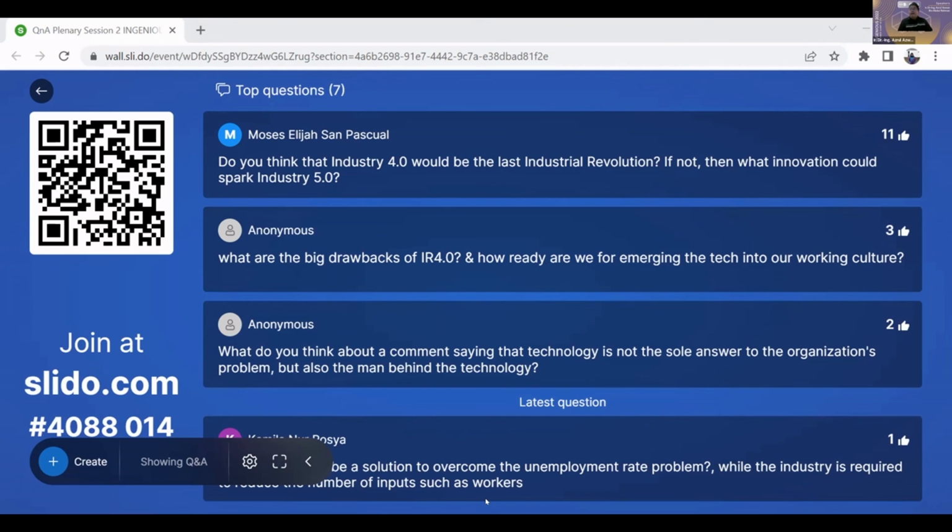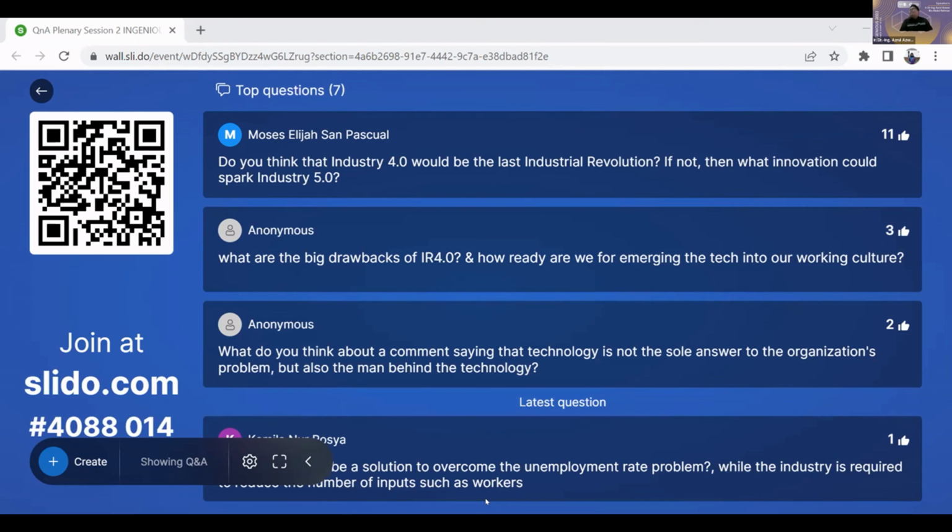That's why I believe in some countries, like Japan, it's not only looking at manufacturing, but also focusing on Society 5.0. So it's all about humans. We are living here also to manage all the resources in this world. So I hope we're going to have a better future then.